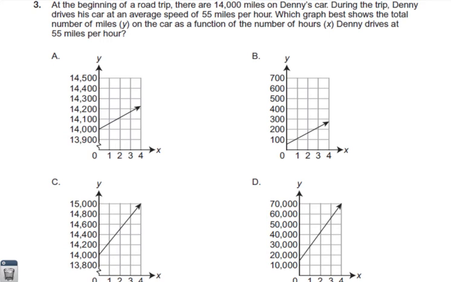So they're describing that there were 14,000 miles on Denny's car at the beginning of the road trip, and that the average speed was 55 miles per hour, and the number of total miles is represented by the y variable, and the number of hours is represented by the x variable.